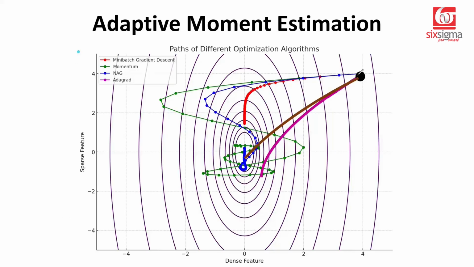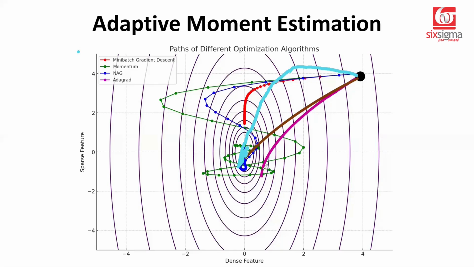So if I were to show that to you, I'll try to draw that manually here. It'll be something like this. So it'll start like this because it is based on momentum, and then it's going to converge towards the center, something like this. But it's based on momentum, so what will happen is that it'll do some oscillations at this stage and finally converge. End of the day, you can see that this kind of achieves both the objectives.